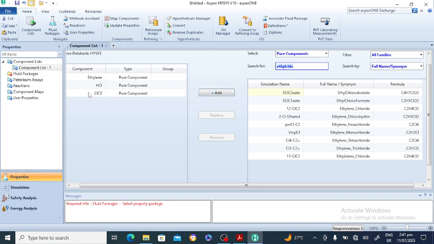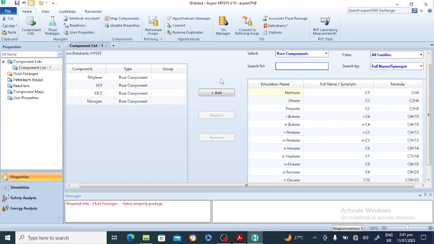Ethylene reacts with HCl and produces ethyl chloride in the presence of inert nitrogen.